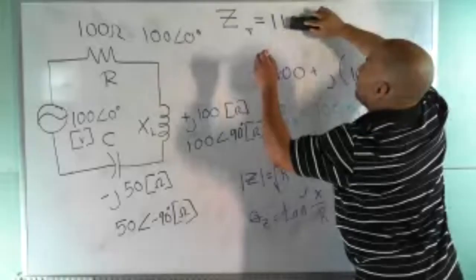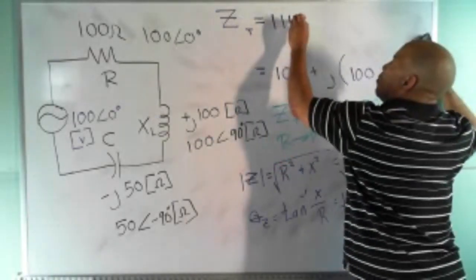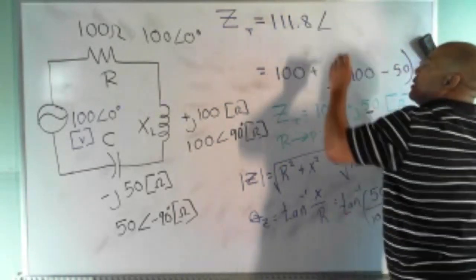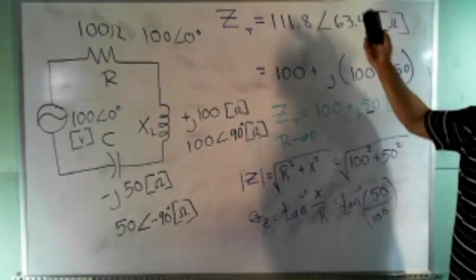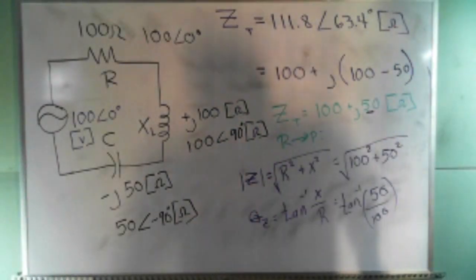You said 111.8 angle what? 63.4. And that would be in ohms. So that's the way you want to show it. It's about 112. So there's my total opposition.